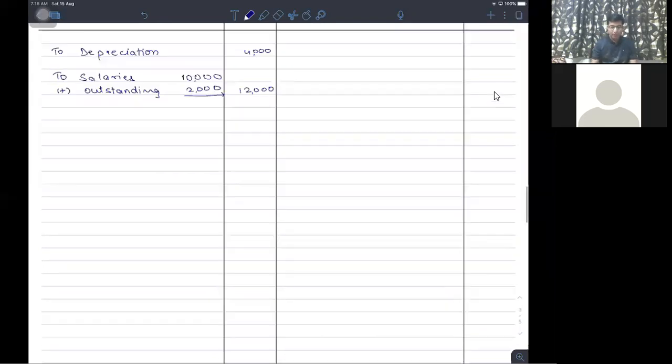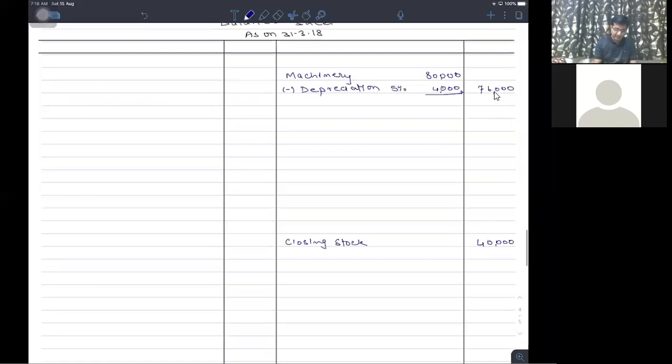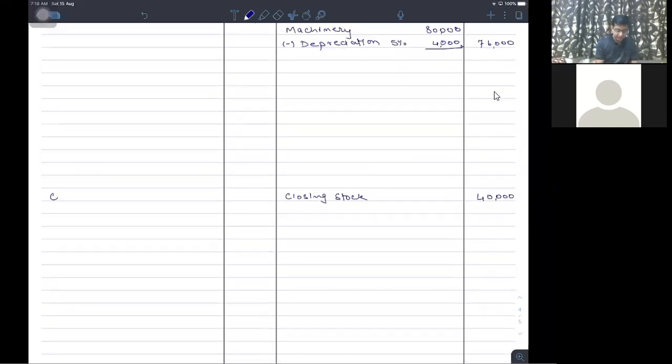And at the same time, both these outstanding expenses being our liability, therefore will be appearing in the balance sheet liabilities side. Outstanding expenses. You can write both the items separately also, there is no problem. Salaries, rupees 2,000. Wages, rupees 1,000. Outer amount column 3,000. Correct?